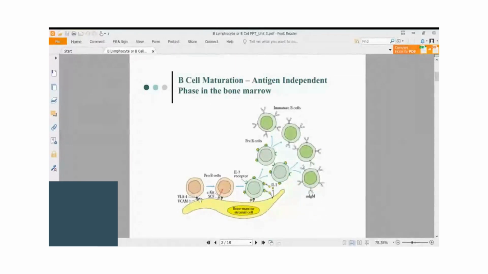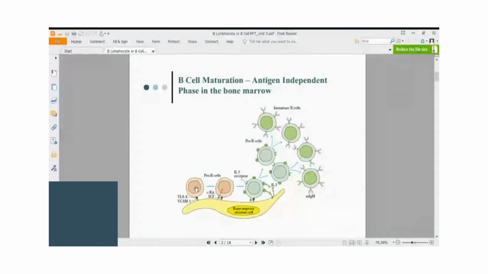Once this first contact takes place, of the pro-B cell with the stromal cell through VLA4 and VCAM1, there is a signal transduction in the cytoplasm of the pro-B cell.